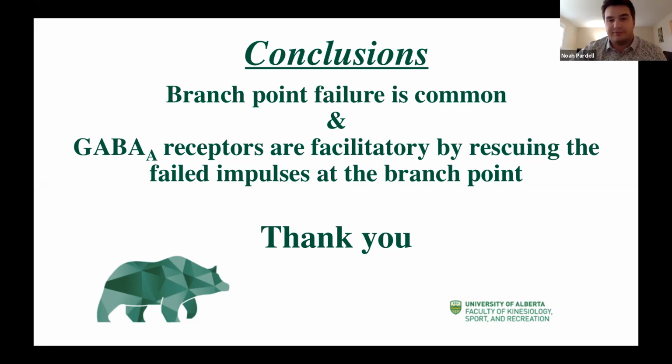Sure. So what we're thinking in the lab is that this presynaptic facilitation is being implicated in the synaptic priming of reflexes. So if there's branch point failure, that means that there's some sections of the collateral that are silent in everyday functioning.